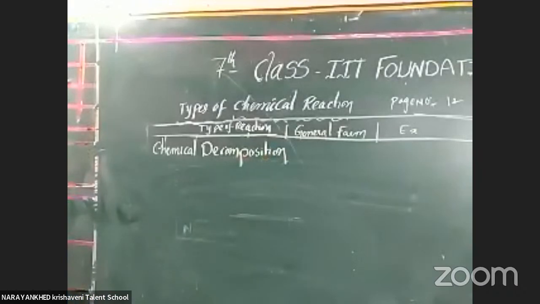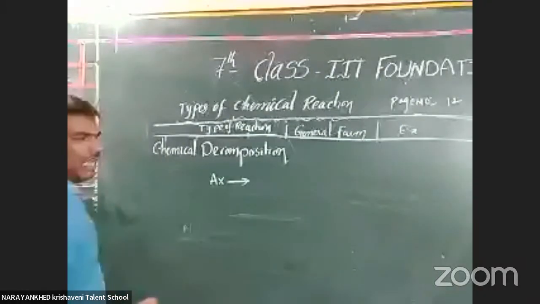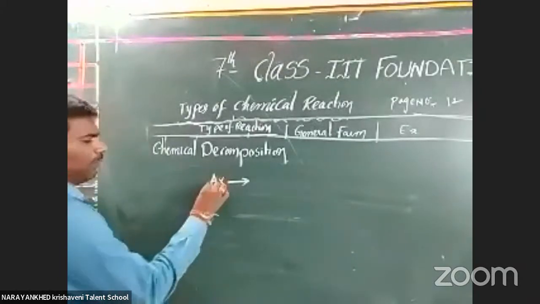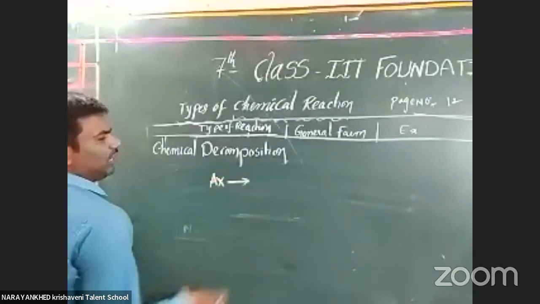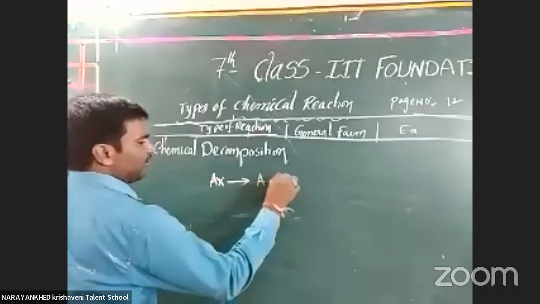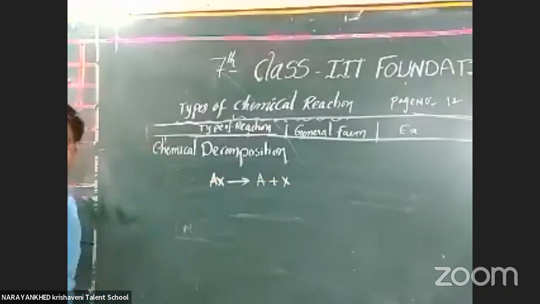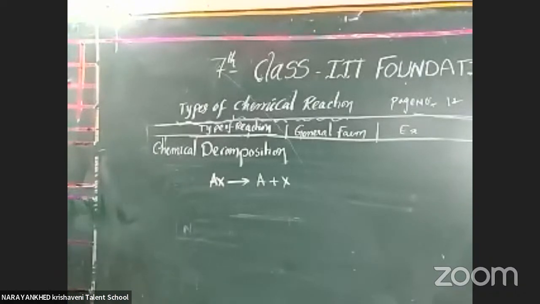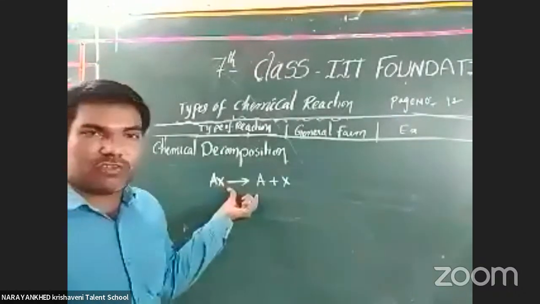Yes, chemical decomposition is opposite to the combination. Okay, opposite to the combination is only called decomposition. Okay, clear or not, all the students? Opposite to the combination is called what? Decomposition. Yes. Here, what is decomposition?